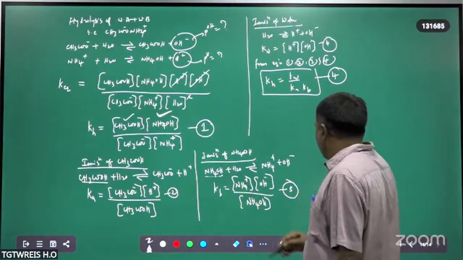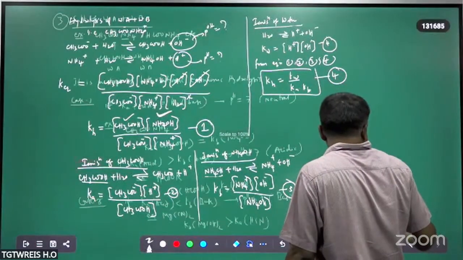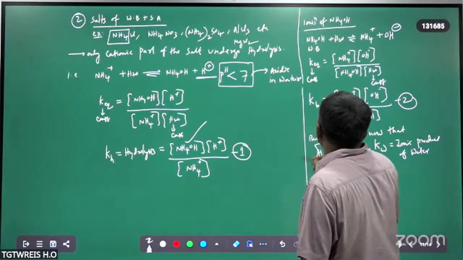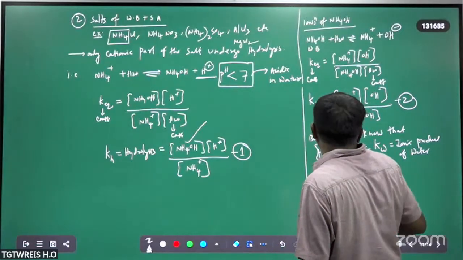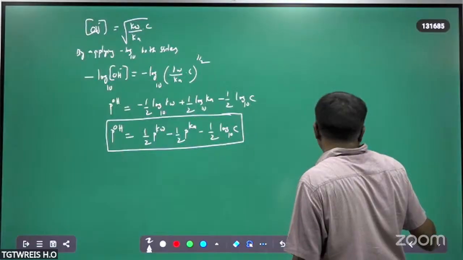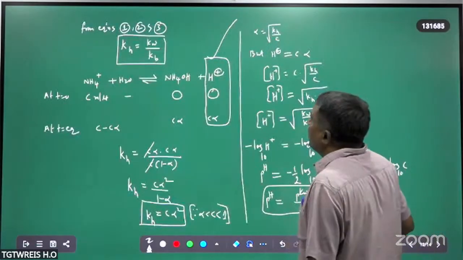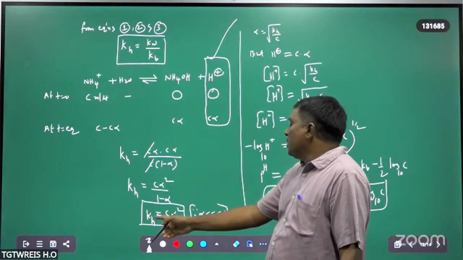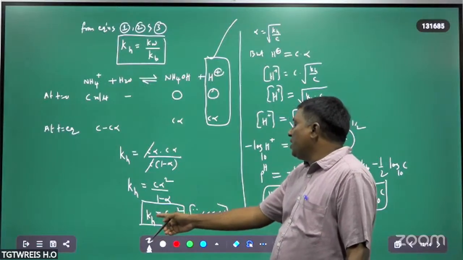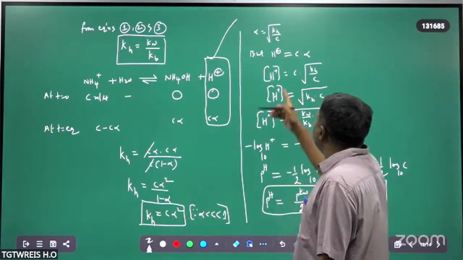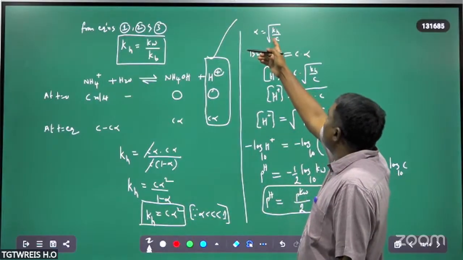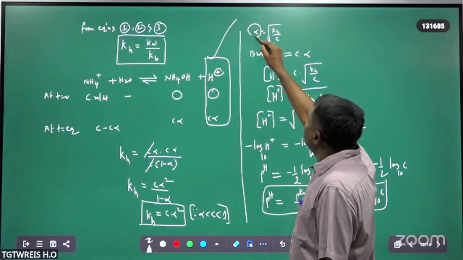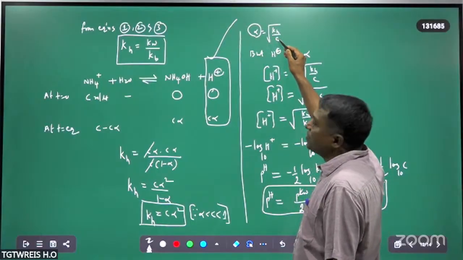For example, this is now. So salt of weak base and strong acid. So KH is this one. So KH is directly proportional to C. Alpha is inversely proportional to square root of C in this case.